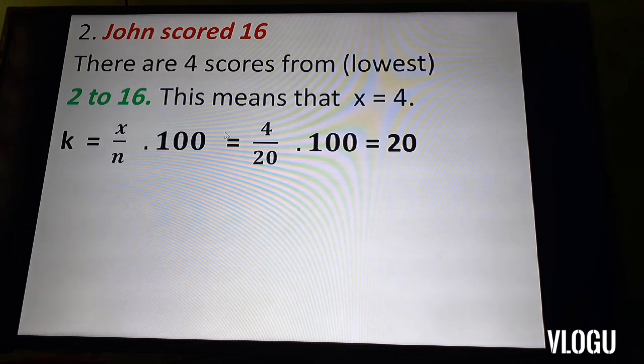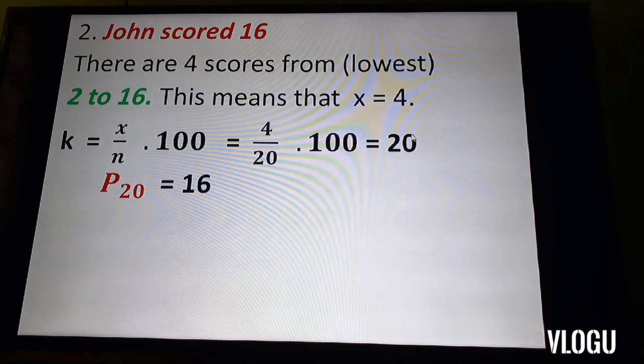Multiply, substitute x by 4, n by 20, multiply 4 by 100, that is equals to 400, divided by 20, that is equals to 20. Ang ibig sabihin nun, ang score ni Jan ay nasa 20th percentile.